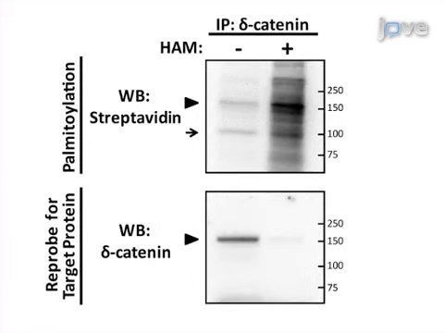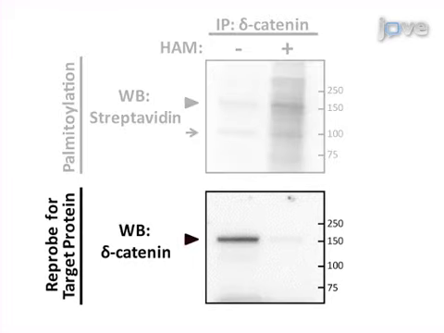However, if the amount of immobilized target protein is not normalized between minus and plus HAM samples, the resultant Western blot signal for the target protein in the plus HAM sample can be lost, as shown for delta-catenin when equal amounts of protein were used in both HAM treatments.